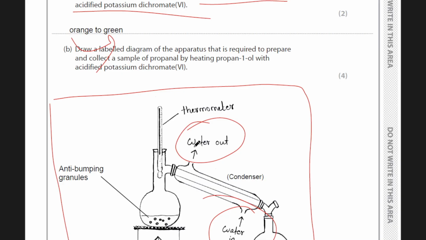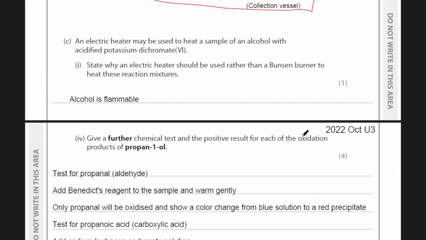In some mark schemes you might see that water out is given down like this, while water in is given this way. It remains constant, so it doesn't matter. A little while ago we saw that, right? You can give the water out here, or you can also give the water out below the condenser as well. It's the same thing. But ensure that the correct labeling is provided, because that carries the marks.